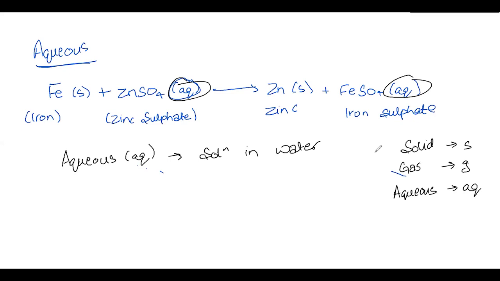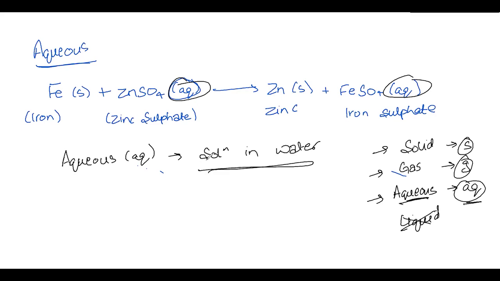These are the three states in which our reactants or products can be. Either they can be solid or gas or aqueous. There is no liquid when we write a chemical equation. It is only aqueous, which is denoted by AQ, which means a solution in water. Okay, I hope your doubt is clear.